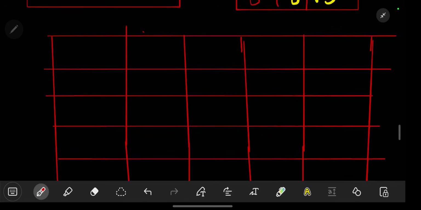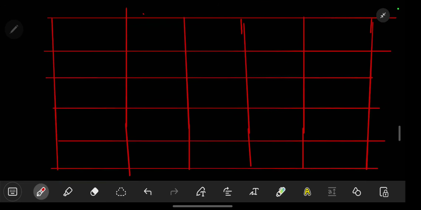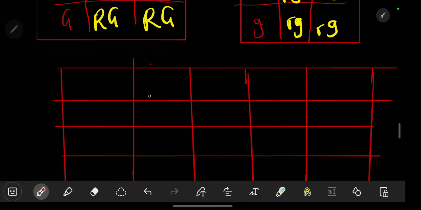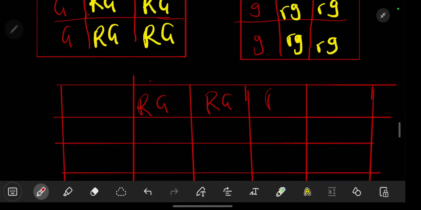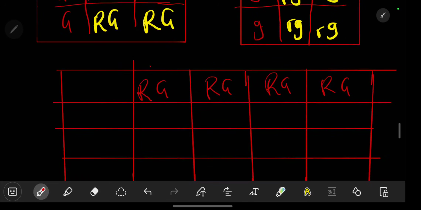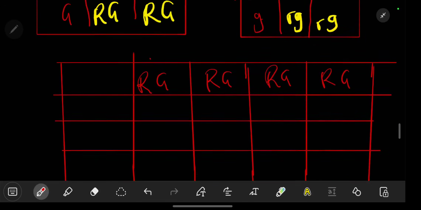So from there we are going to put our outcomes. So we have our RG, we have our RG, we have our RG, we are just getting this. We have our RG there, we have our RG, 4 of them. Then here also we have our RG, which will be put on the sides.